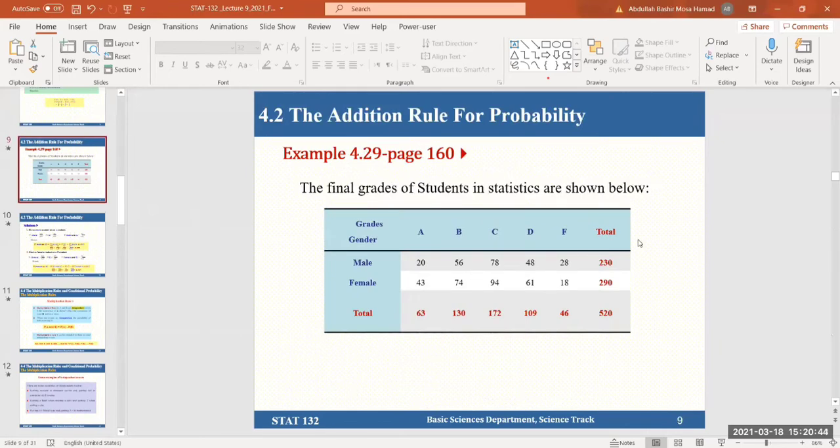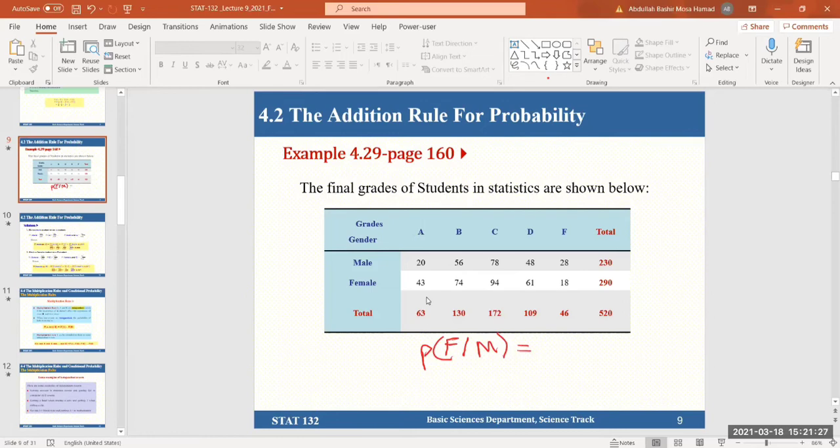If we go back here, we can ask: if we select one student randomly, and I know he is male, what is the probability he has an F grade? Let's solve this. We select one student, and I know he is male. Find the probability he is F.